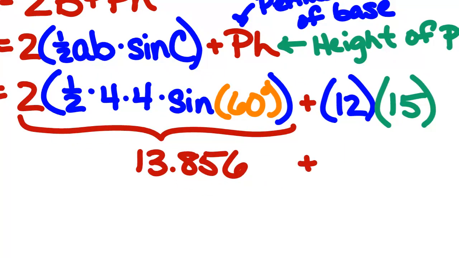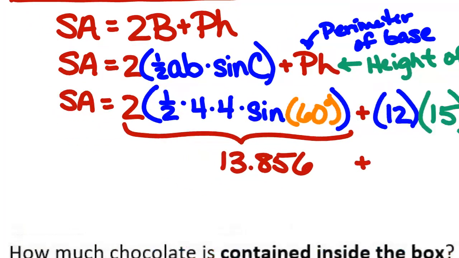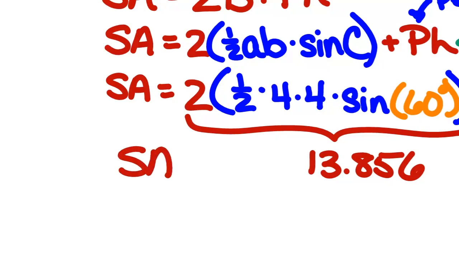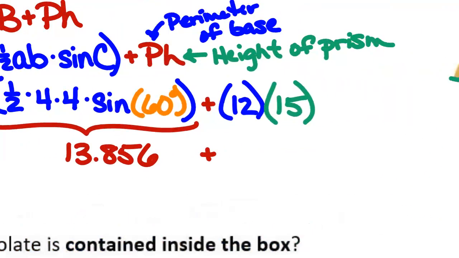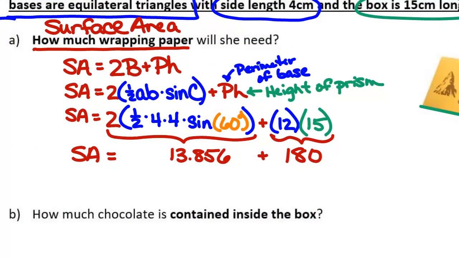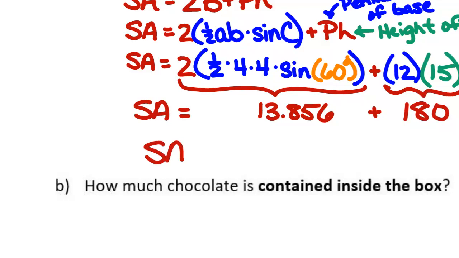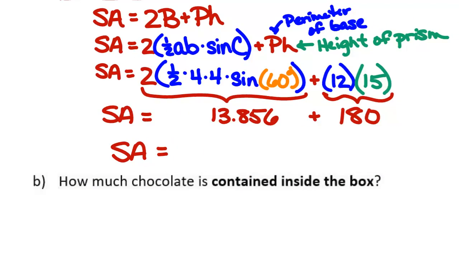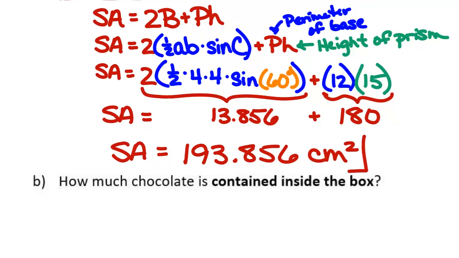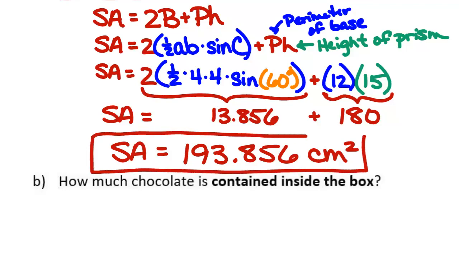If you round it to 855, I'm not going to take off points for something like that. And then what about the 12 times 15? 180. So as far as wrapping paper to go completely around this box, I need 193.856 centimeters squared of wrapping paper.